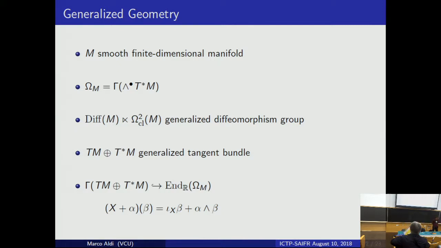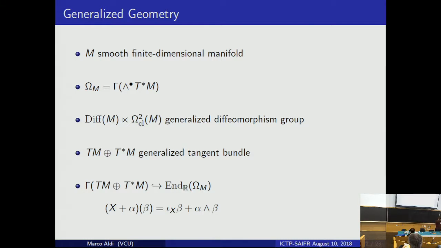So say that M is a smooth finite dimensional manifold, and we denote by omega M differential forms, all of them. And this comes with an action, of course, of the group of diffeomorphisms of the underlying manifold, but also with the action of closed two forms by B-field transform.